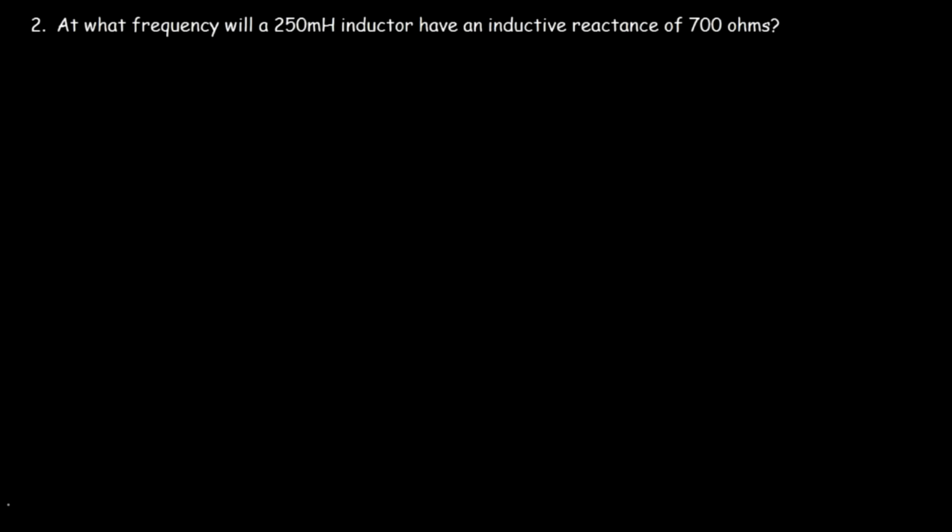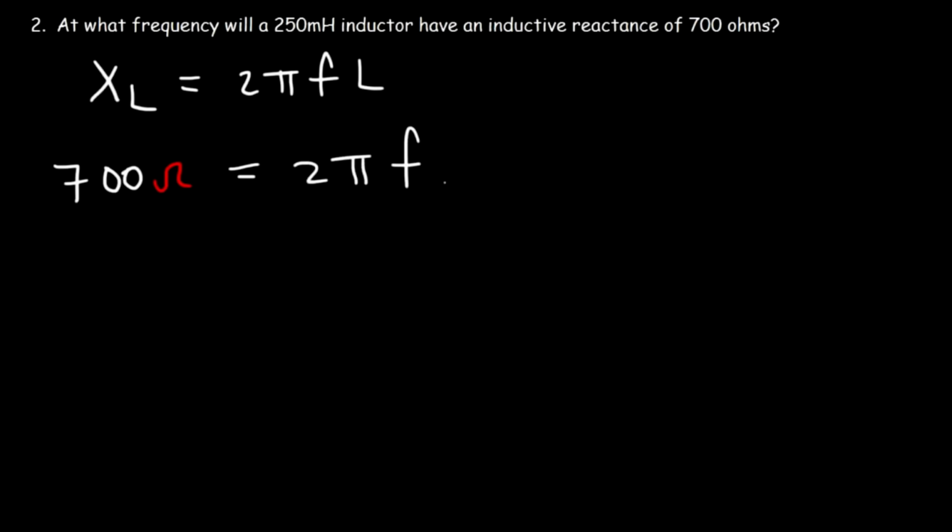Number 2, at what frequency will a 250 millihenry inductor have an inductive reactance of 700 ohms? So feel free to try this problem. The inductive reactance is equal to 2 pi times the frequency times the inductance. The inductive reactance has unit ohms, so it's 700 ohms. We're looking for F, the frequency. And L is the inductance of the inductor, which is measured in henries, or in this case millihenries.